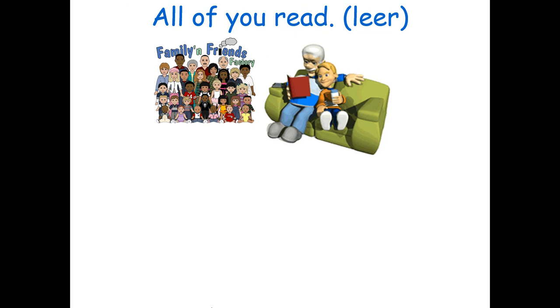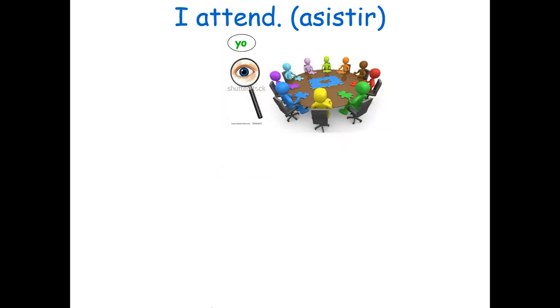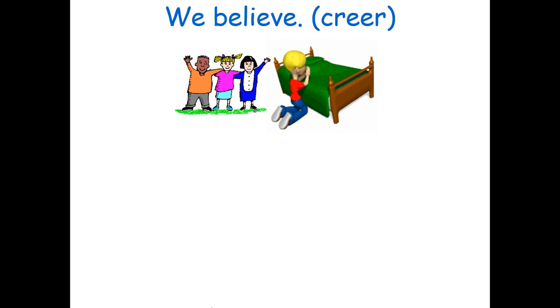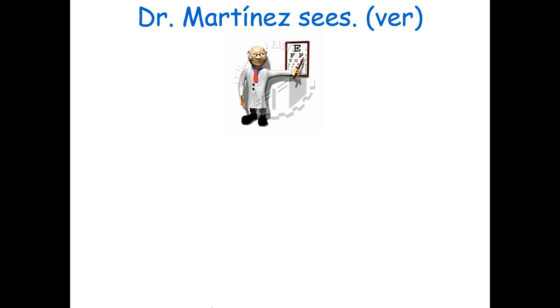All of you read. Leen. I attend. Notice we're moving to IR verbs now. Asisto. Marta, you receive. And again, Marta, you is the tú form. Recibes. We believe. Creemos. Back to an ER verb. Dr. Martinez sees. This one's a little different.